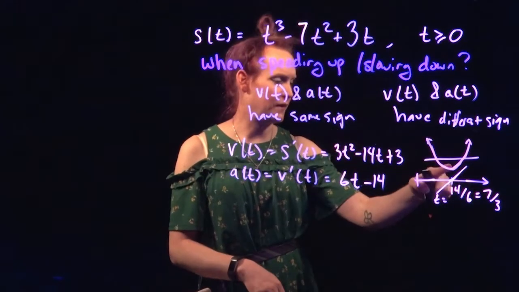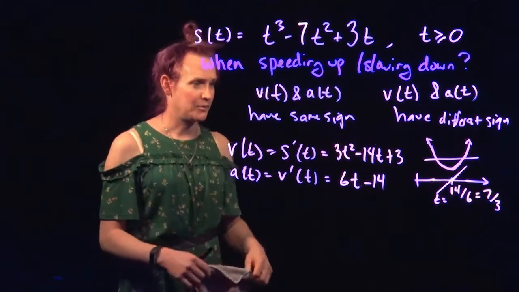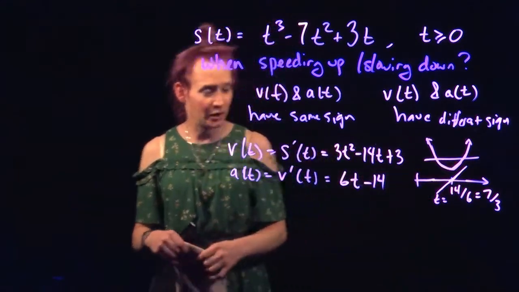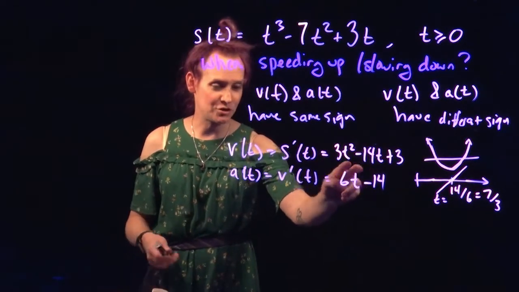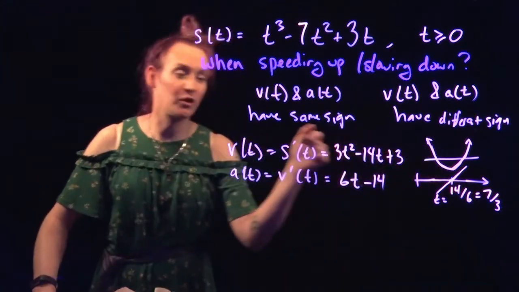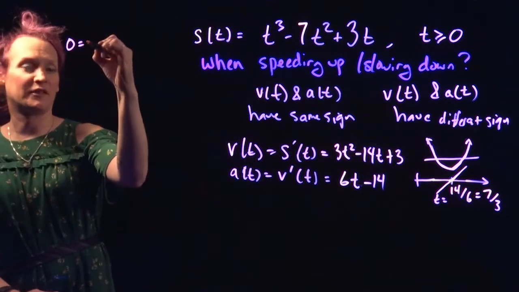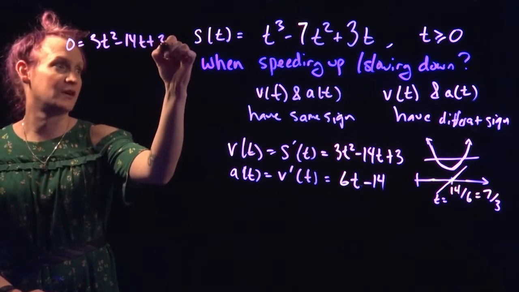It's going to be positive and then negative and then positive. So let's just figure out where those 2 points are. I'm going to do that by using the quadratic equation on the velocity function to find those 2 roots. So I want to know where 0 equals 3t squared minus 14t plus 3.